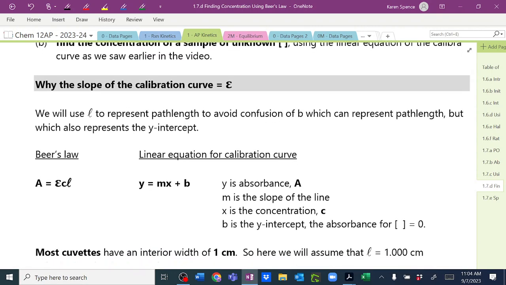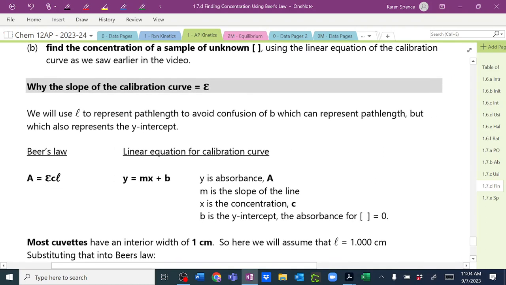so y is the slope, epsilon, because we know that y is absorbance, yes. X is concentration, yes. As we were talking about before, the y-intercept, technically, if you have no concentration, you should have no absorbance, so there's no y-intercept.